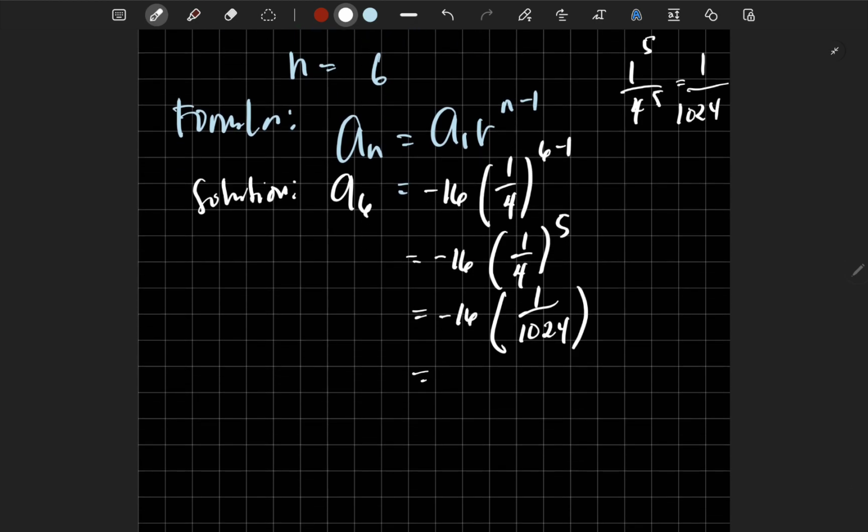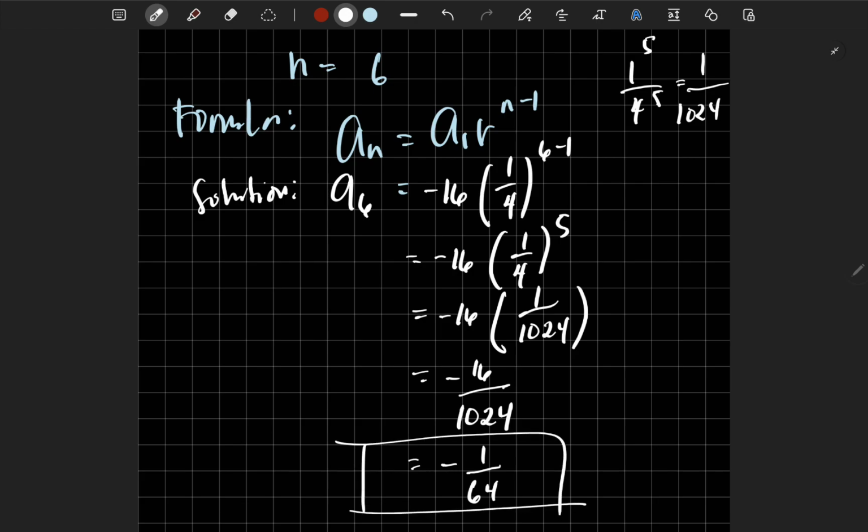So negative 16 times 1 over 1,024 is negative 16 over 1,024. And it can be simplified since they are both divisible by 16, so we can divide both the numerator and denominator by 16. So you have here negative 1 over 64. So this is just a simplified form of our answer. So our a sub 6, or the sixth term of this sequence, is equal to negative 1 over 64.